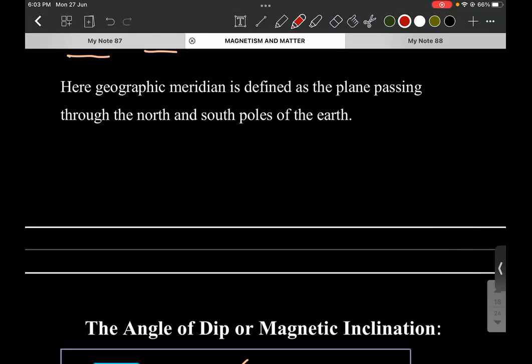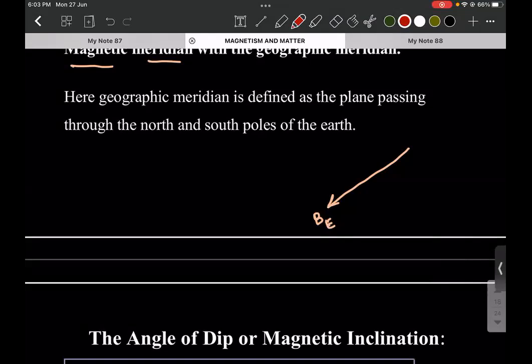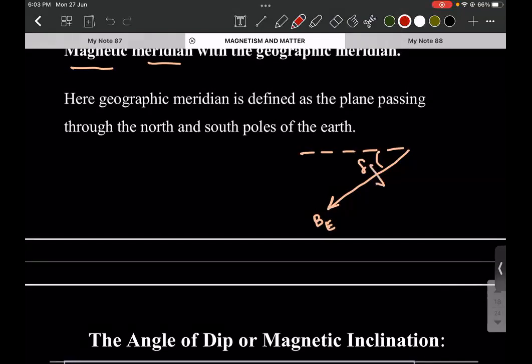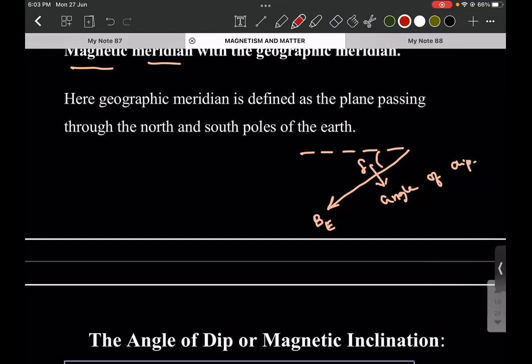Listen. If there is a direction of Earth's magnetic field, which I'll call BE, then this angle I'll call delta, where delta is called the angle of dip. Now this BE, can I resolve it into two components?